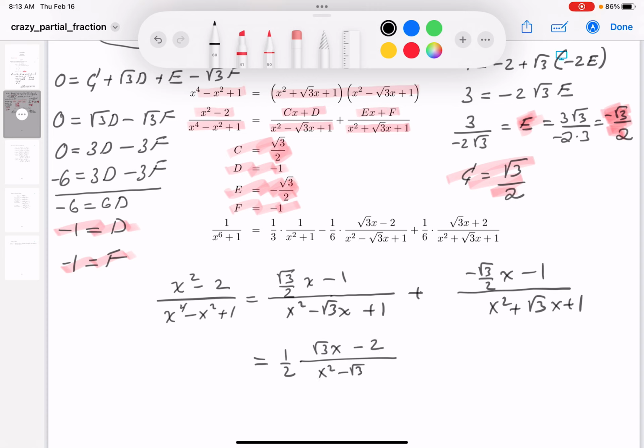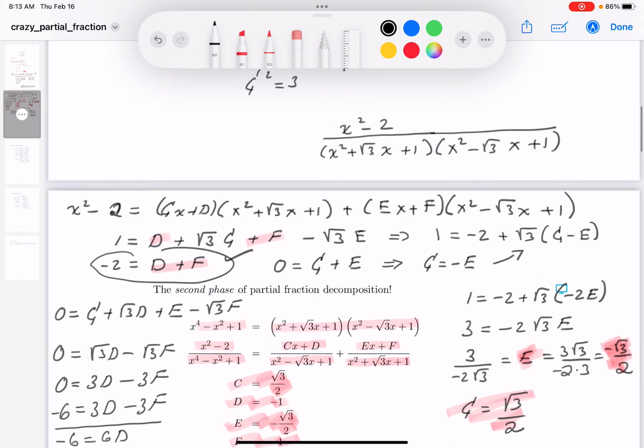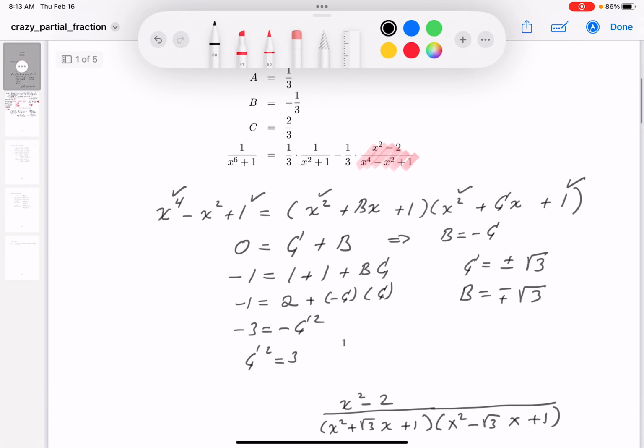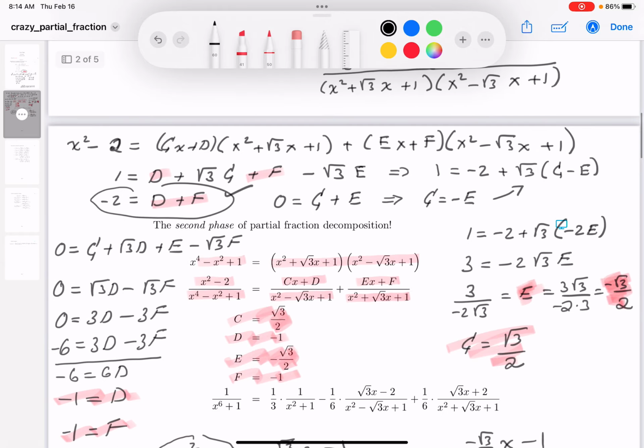I'm going to do the same thing over here, but I'm going to factor out a minus a half. And what do you get there? You get root 3x plus 2, over x squared plus root 3x plus 1. All right, now what were you looking for? Let's go back over it. I'm looking for minus 1/3 times that. Let me write that down for you now.